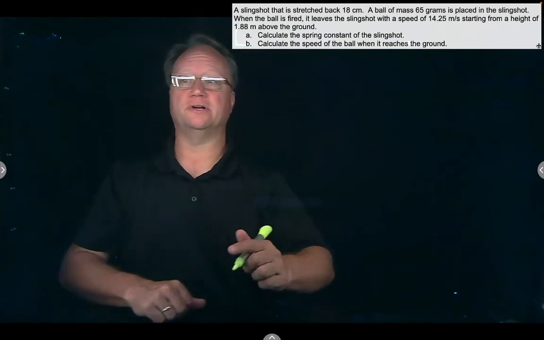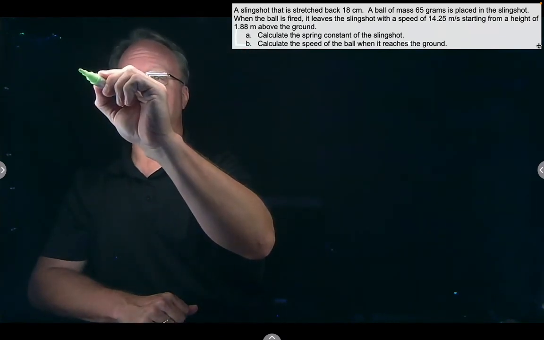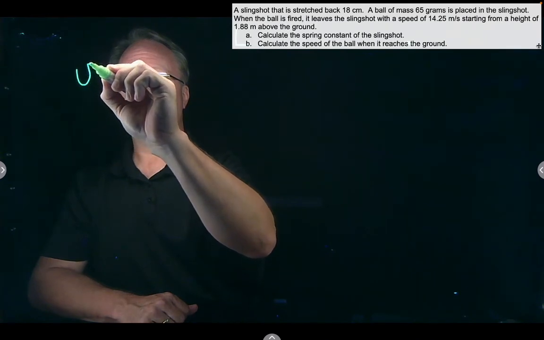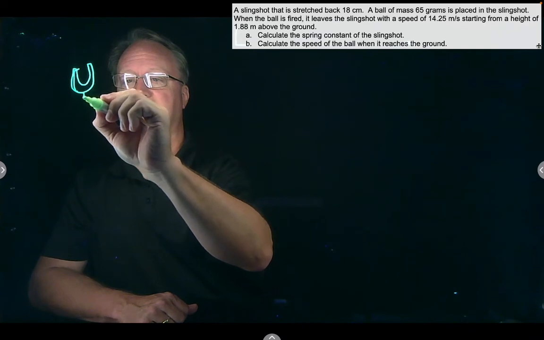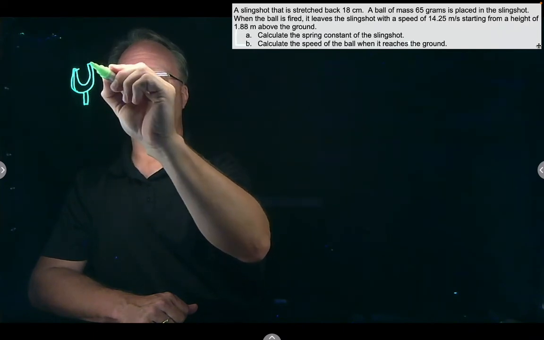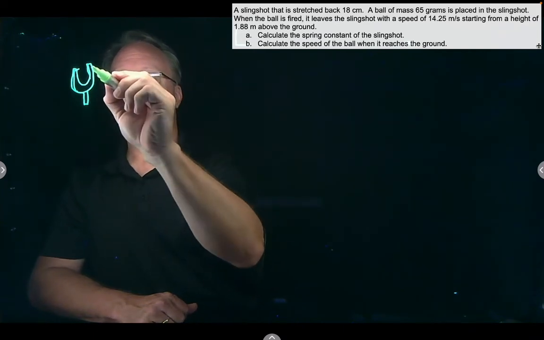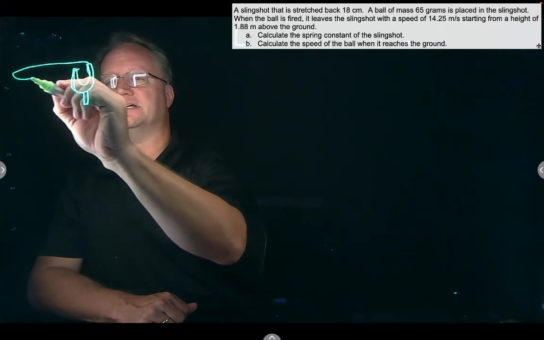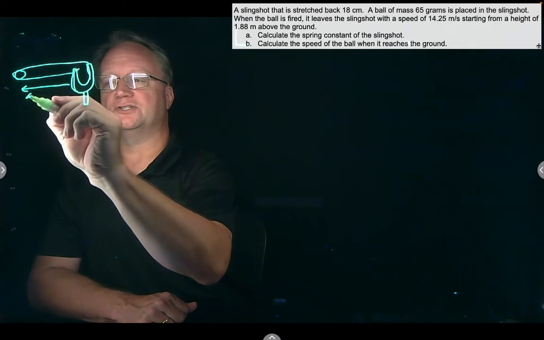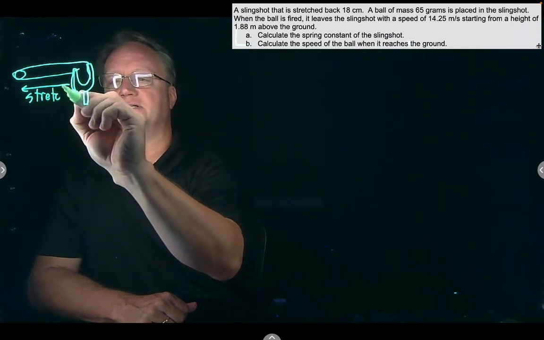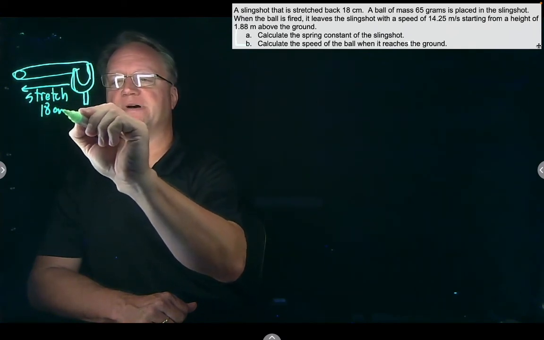So let's start by drawing a diagram. So here's our slingshot. Okay, use your imagination a little bit on that. So here is the elastic band that we stretch back, and this is stretched 18 centimeters back.